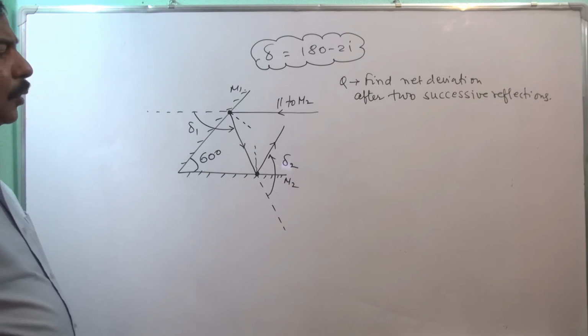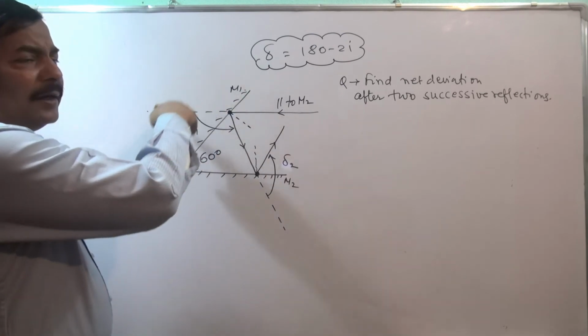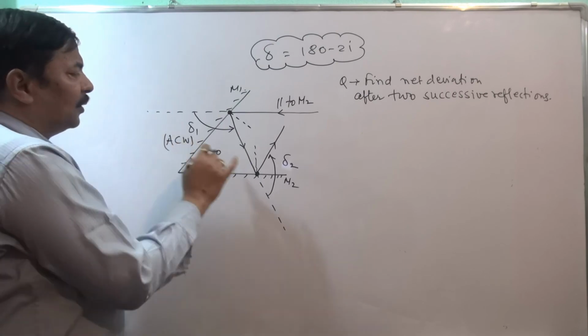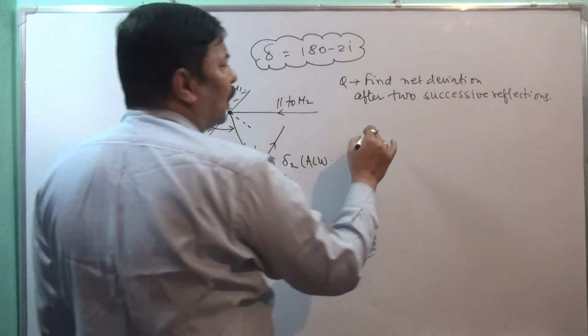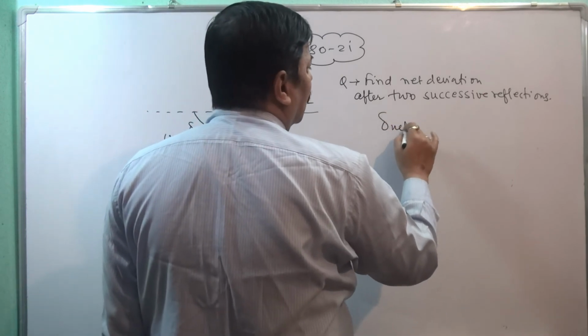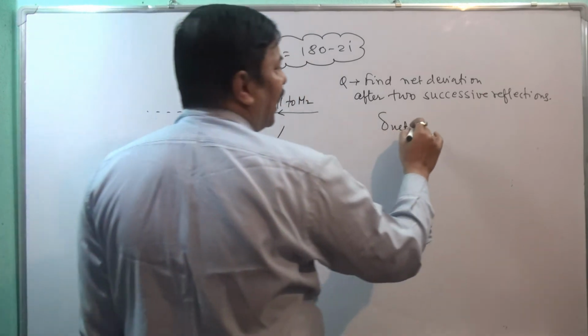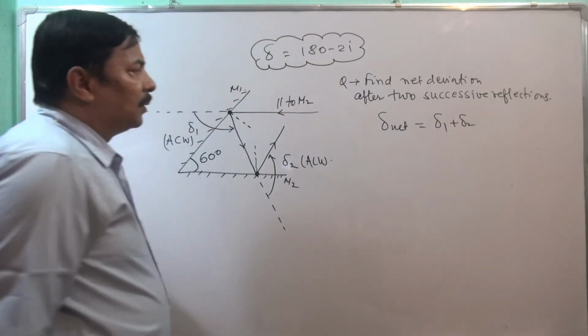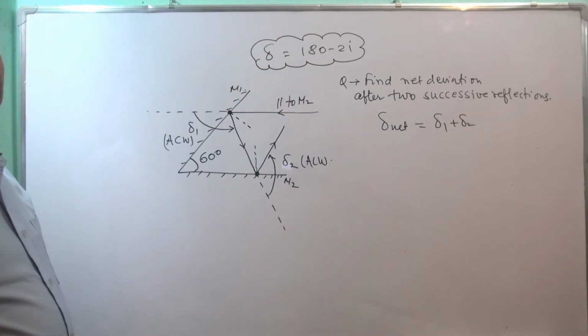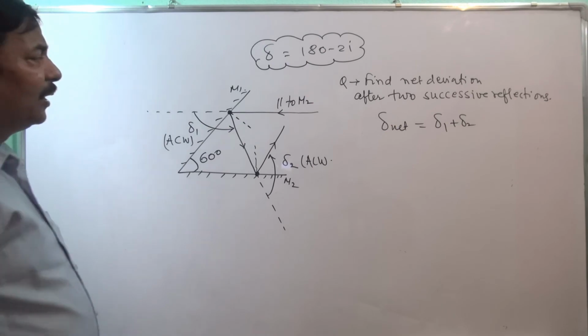This is anti-clockwise. This is also anti-clockwise. So if we calculate delta net, both have the same direction, so we can add delta 1 plus delta 2.